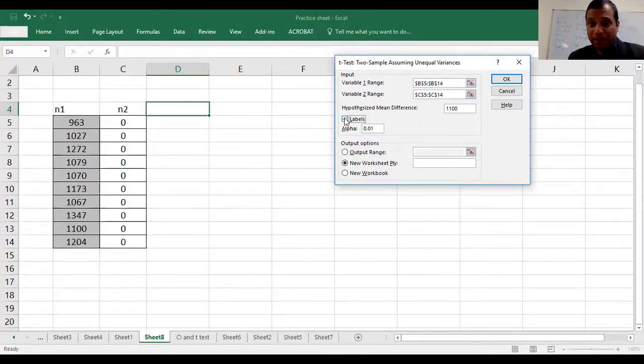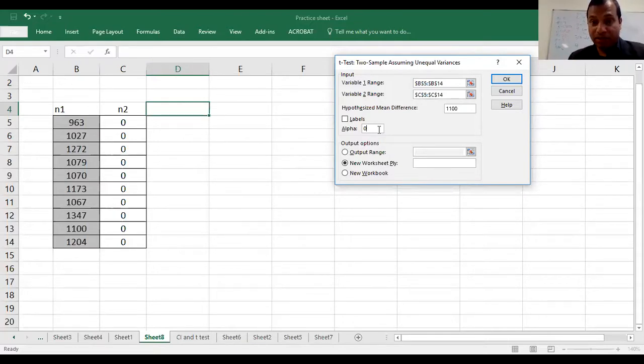In the alpha field, by default, it will be 0.05. That is a 5% significance level. But you need to change that by clicking this one. No, labels, you just don't click the label, because we have not selected the N1 and N2, which was the label. For the alpha value, instead of 0.05, make it 0.01, as this is the case of 99% confidence, or 1% alpha value.